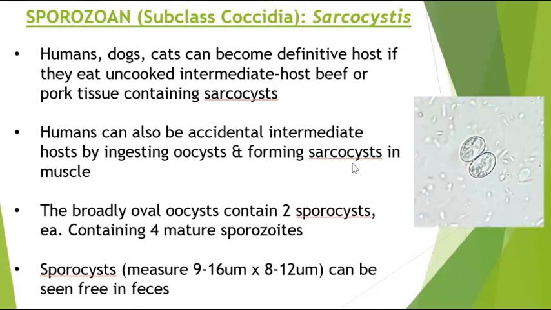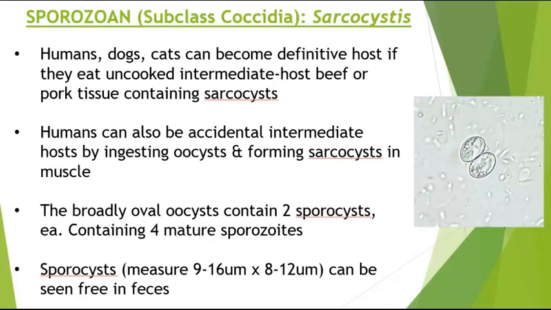Remember, all of our parasites in the sporozoan category are spore-forming. And the 2 sporocysts within Sarcocystis contain 4 mature sporozoites. The sporocyst can measure anywhere between 9 to 16 microns to 8 to 12 microns.